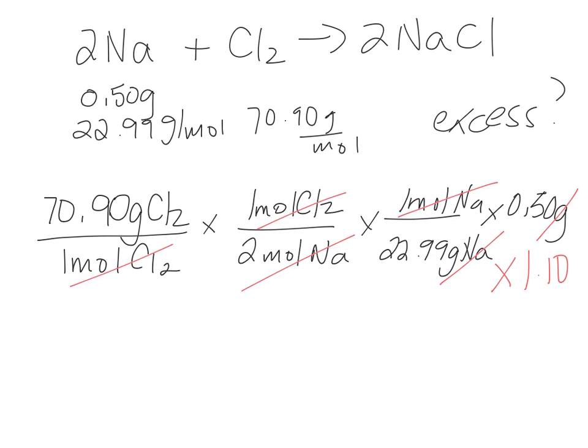I want 100% of my answer plus 10% more. Yeah, so if you're asked for an amount in excess, take your answer, multiply it by 1.1. So in your calculator, you would have 70.90 times 0.5 times 1.1, divide by 2, divide by 22.99, and you should get the same answer.